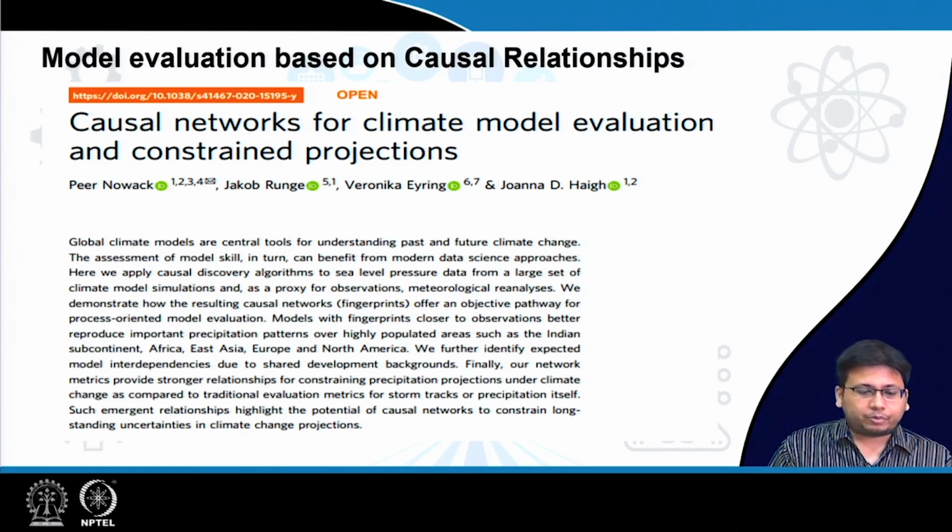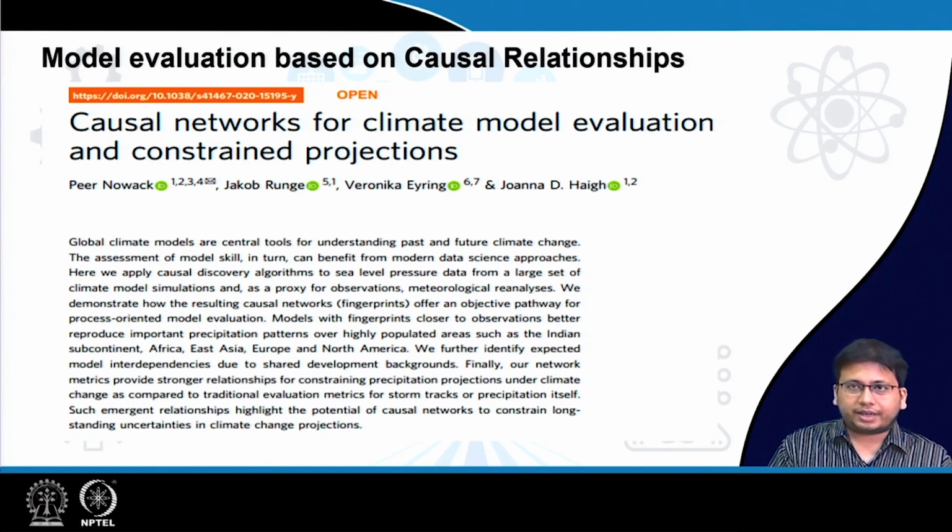Global climate models are central tools for understanding past and future climate change. The assessment of model skill in turn can benefit from modern data science approaches. Here we apply causal discovery algorithms to sea level pressure data from a large set of climate model simulations, and as a proxy for observations, meteorological reanalysis.